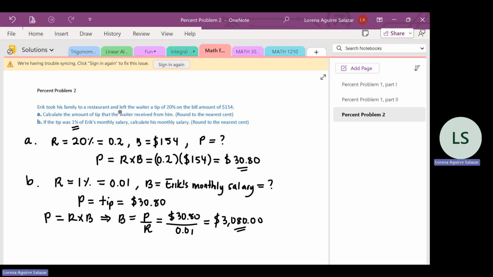Well, rate and percent are the same. In this case, what the portion was and what the base was. Remember, to find portion, we need rate and base. To find rate, we need portion and base. To find the base, we need portion and rate. We need two things to find the third thing when we use the equation P equals R times B.